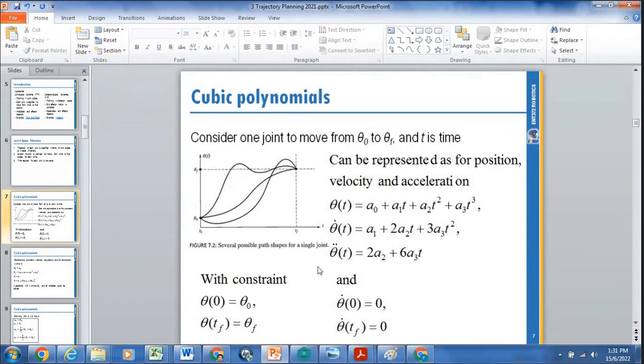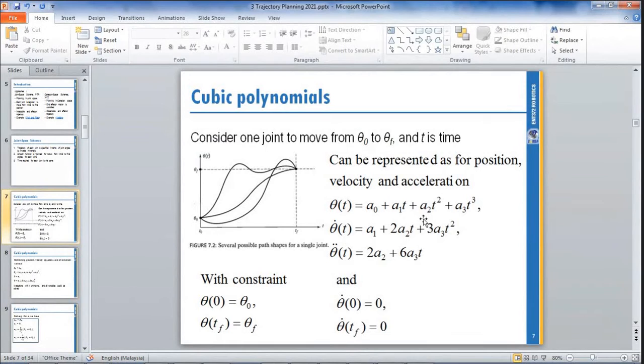If you forgot, I can refresh your mathematics on differentiation. If you differentiate this equation, t power of 0 gives 0 multiplied by a0, so your a0 is gone.